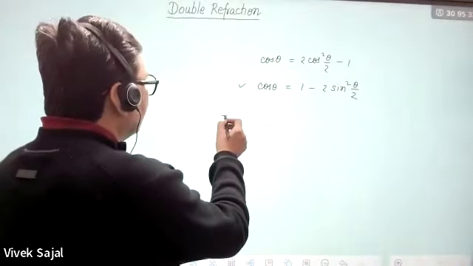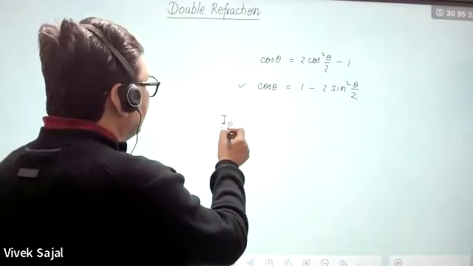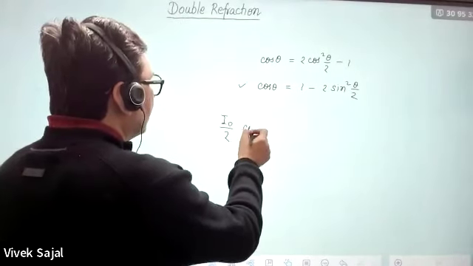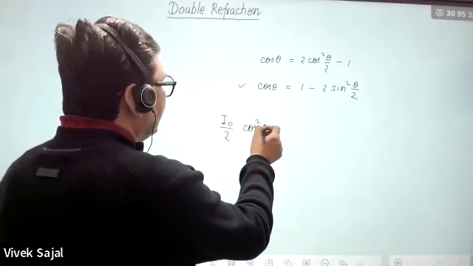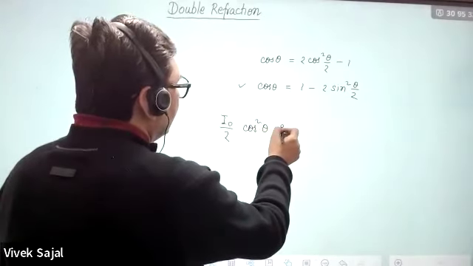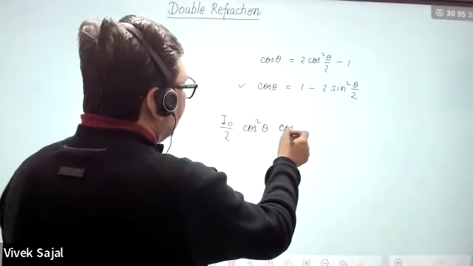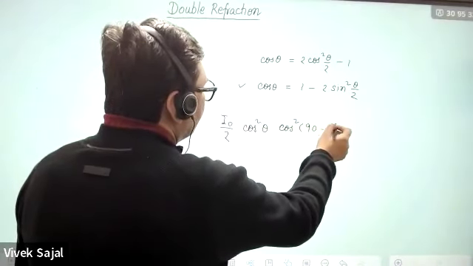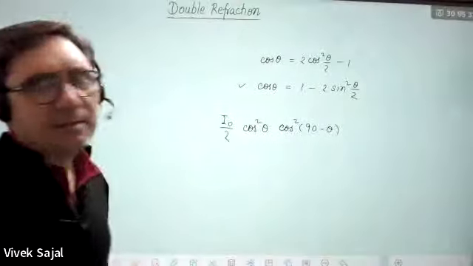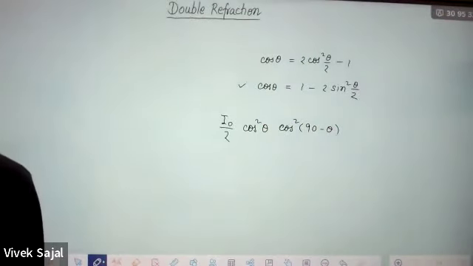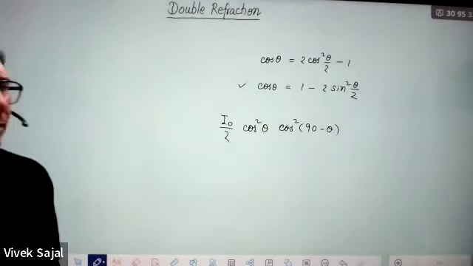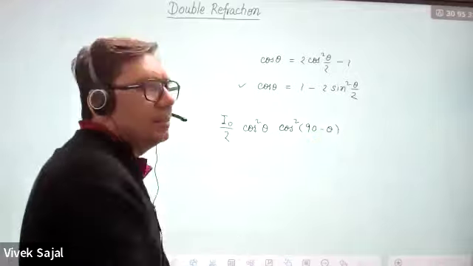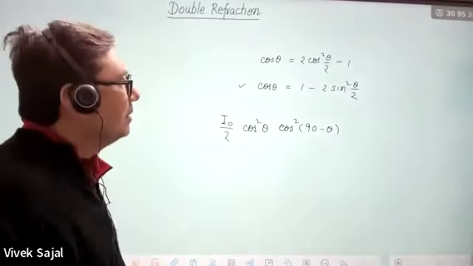That was I naught by 2 first. Cos square theta was there, and cos square 90 minus theta was there. I think this was the earlier expression, if I'm not wrong. We were having something like this. So what is cos 90 minus theta?